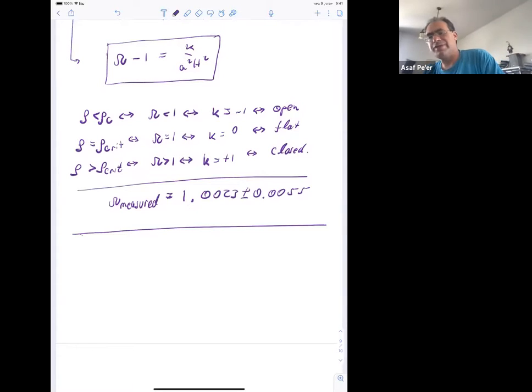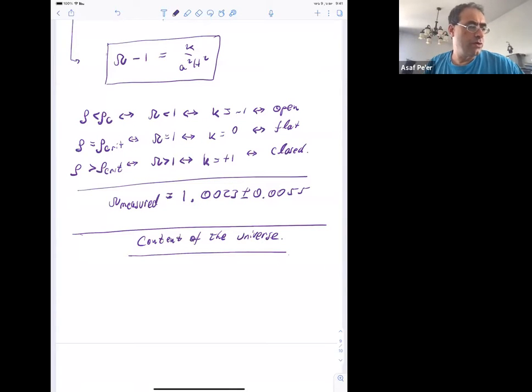In order to proceed further and see how the universe evolves, we need to look at the content of the universe. We have to start with the stress energy tensor, which we wrote down previously.